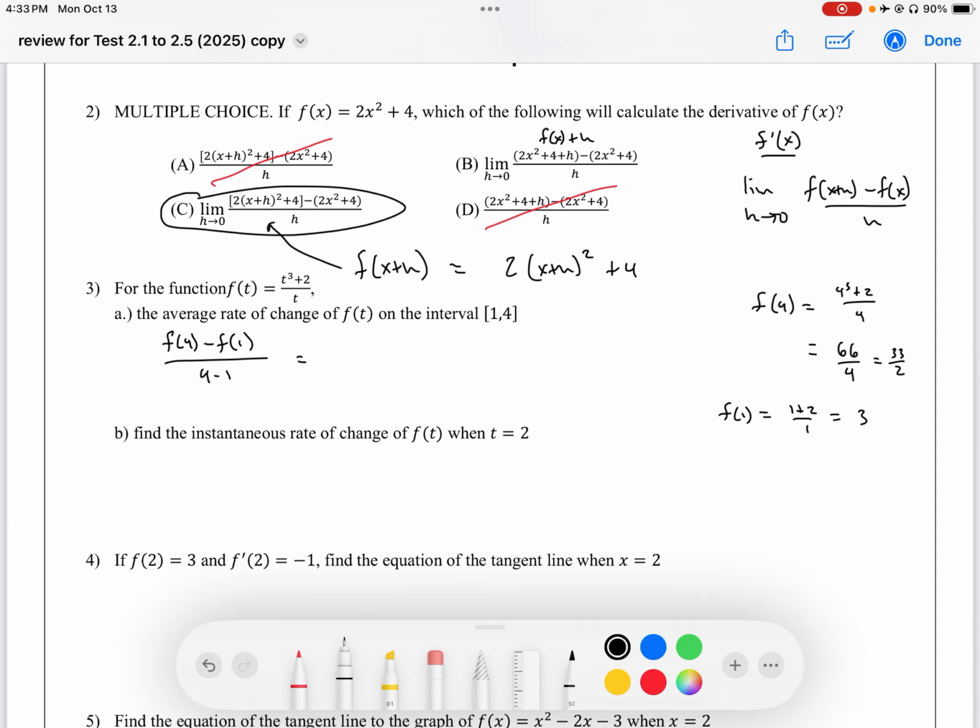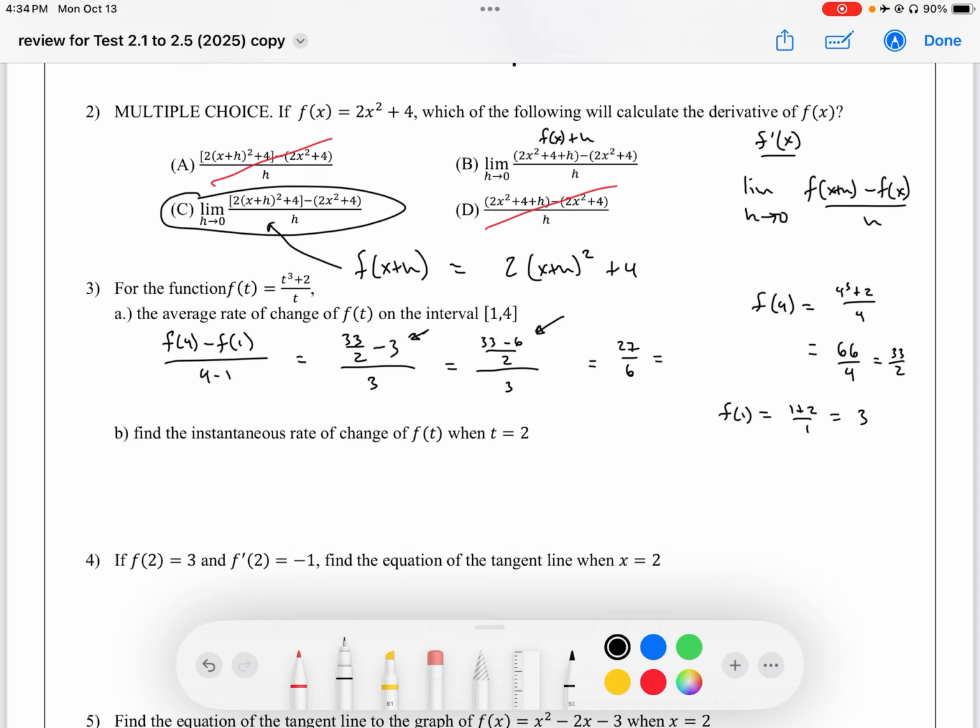So we're going to have 33 halves minus 3, divided by 3, which is 33 minus 6 over 2, divided by 3. Because 6 over 2 is the same as 3, I just got a common denominator. 27 over 6, or wait, 27?